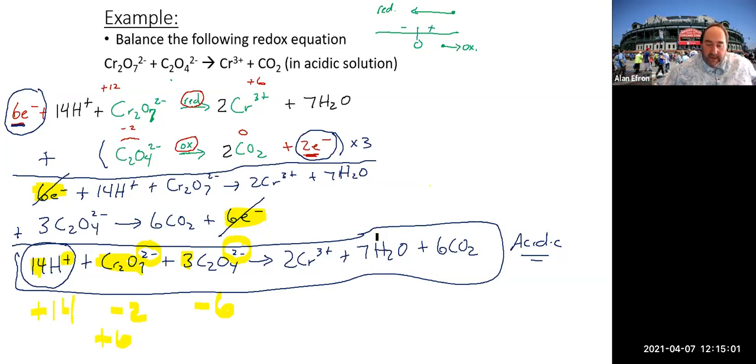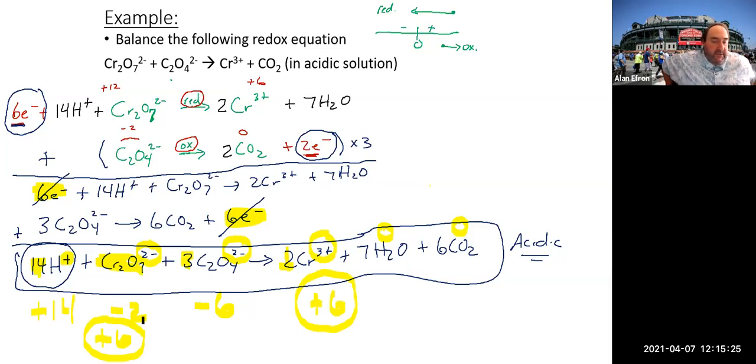On the right-hand side, water is 0 as it has no charge, and CO2 is 0. The chromium has a +3, and there are 2 of them, which gives you +6 overall. So the right-hand side is overall +6, and the left-hand side is overall +6. That is what you're looking for when you balance these redox reactions.